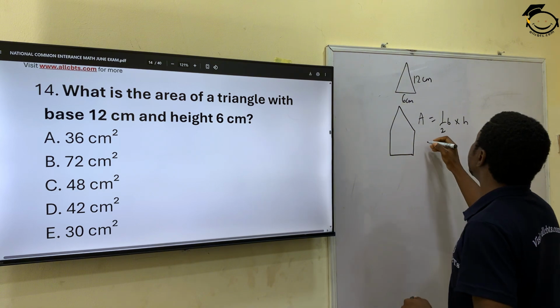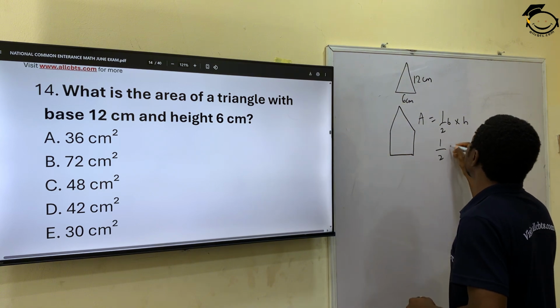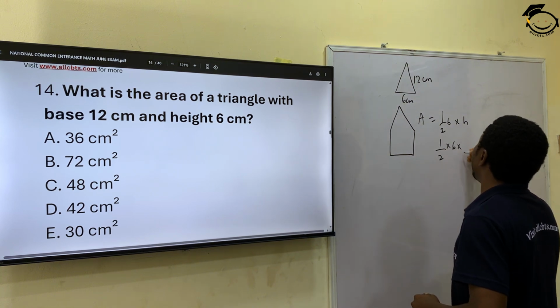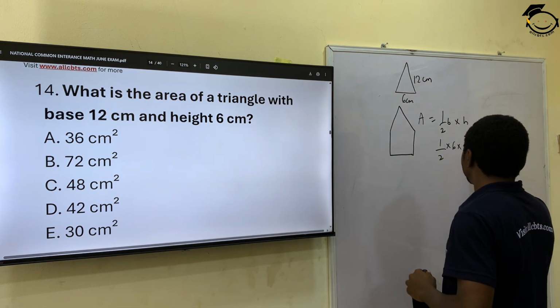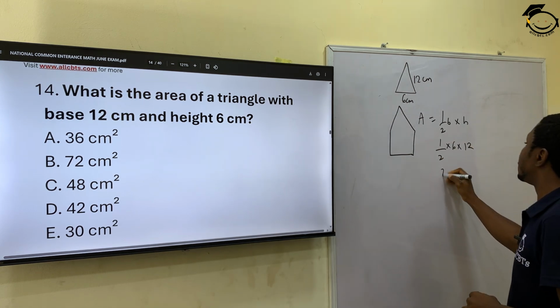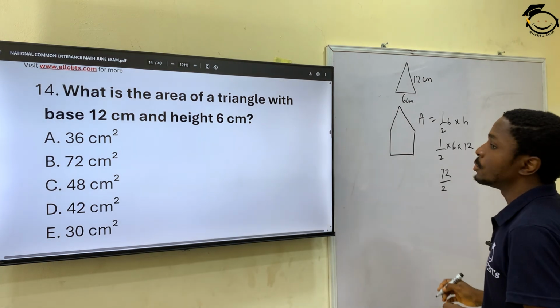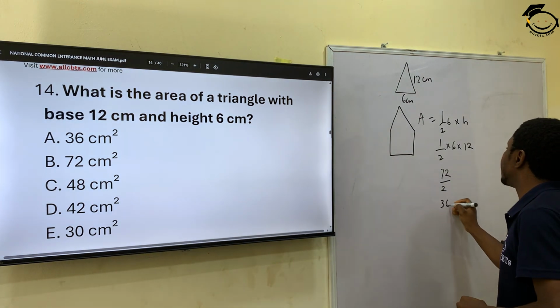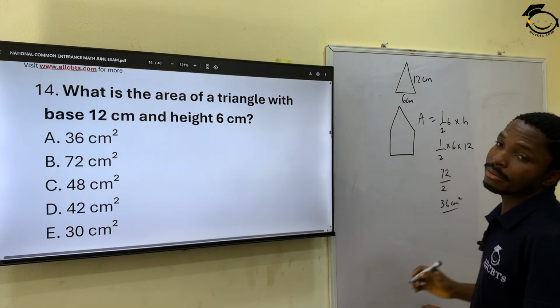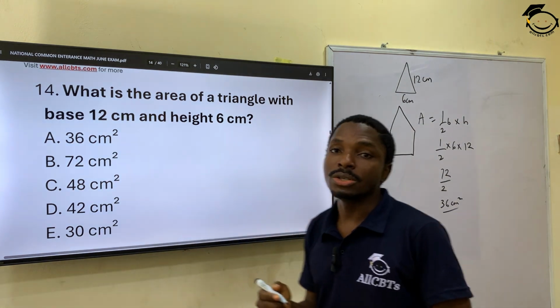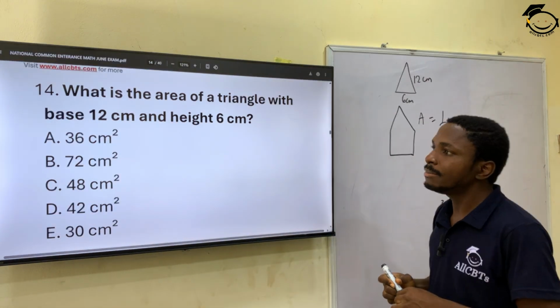So 1 over 2 times base 6 times height 12. 6 times 12 is 72 over 2, which is 36 centimeter square. So your correct option is option A, right?